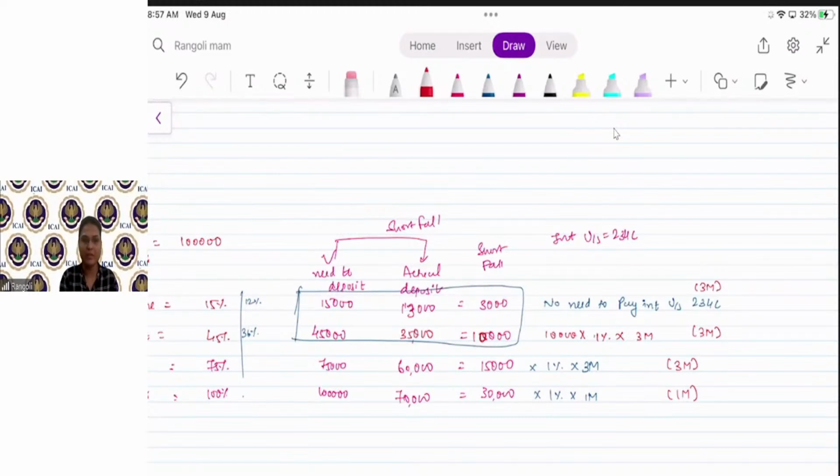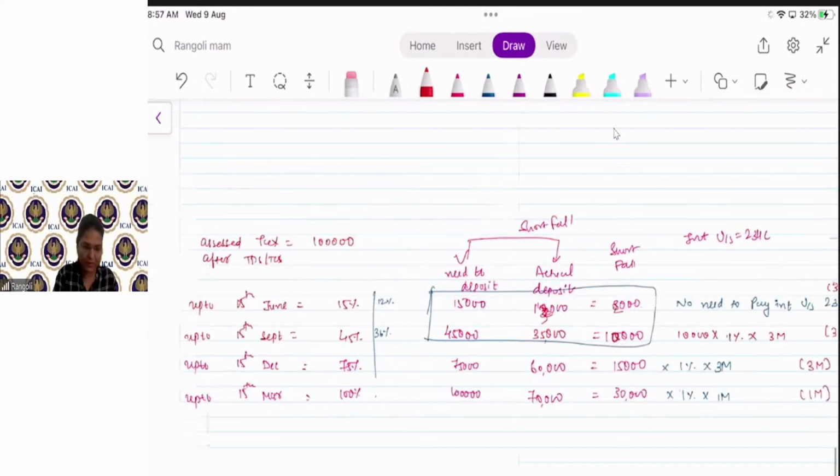But if 12% is not paid, say for example here, instead of 13,000, if I have deposited only 10,000, then on the balance 5,000, I need to pay interest for 3 months. Clear, Bhumika?